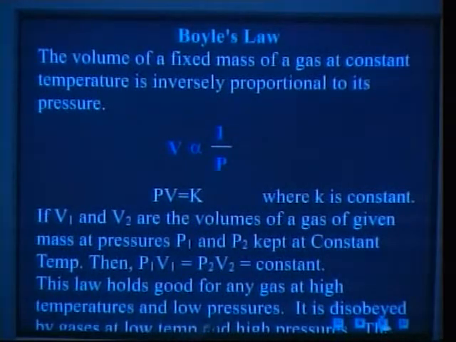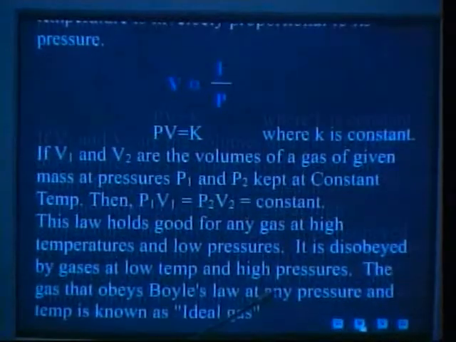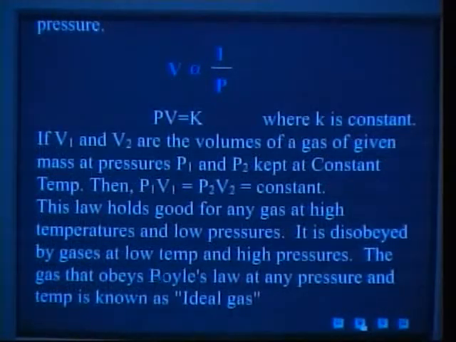This law holds good for any gas at high temperatures and low pressures. It is disobeyed by gases at low temperatures and high pressures. The gas that obeys Boyle's law at any pressure and temperature is known as an ideal gas.